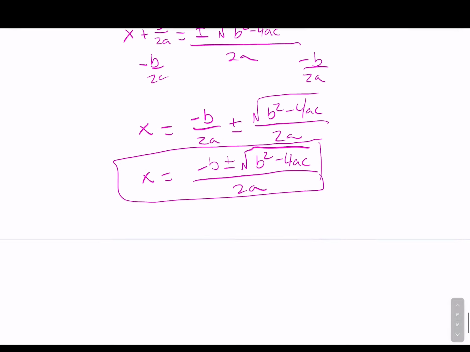So let's write the definition of the quadratic formula.